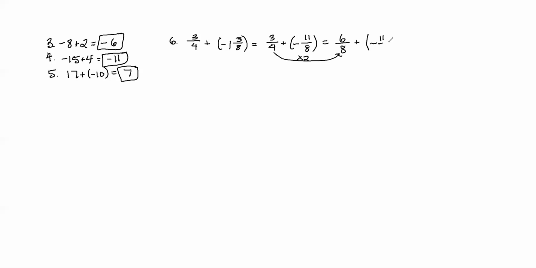And keep the -11/8. Even with a common denominator and an improper fraction, we can still tell that this first one is the larger number just by looking at the numerators since the denominators are the same. So it's going to be a negative. And just like we did with whole numbers, we're still going to subtract. So 11 minus 6 is 5, so we get -5/8.